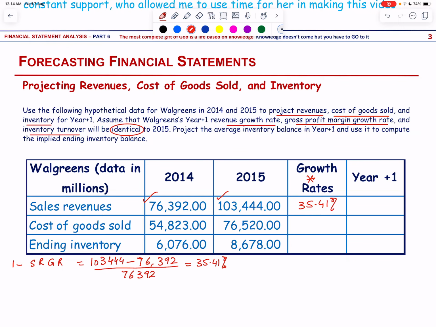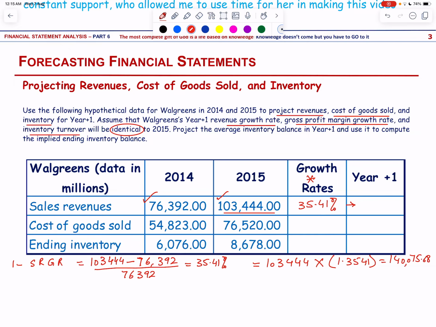So the sales revenue growth rate is 35.41%, and from this we can project the sales for the next year, that is 2016, and this will be equal to the sales revenue of 2015, that is 103,444, multiplied by 1.3541, and this will be equal to 140,075.68.